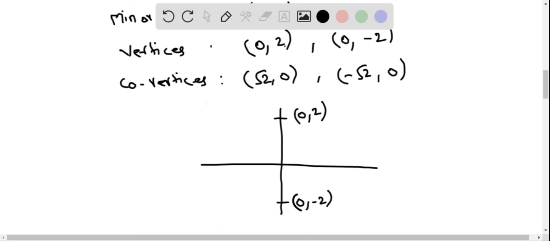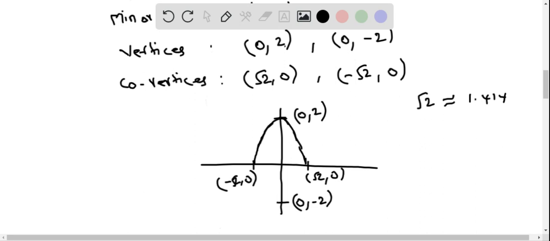The approximate value of root 2 is 1.414, so I can put it somewhere here. This is root 2 comma 0, and then this one is negative root 2 comma 0, and then we join the vertices and the co-vertices by a smooth graph such that we get the graph of an ellipse.